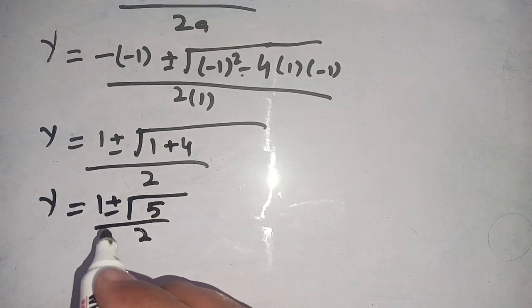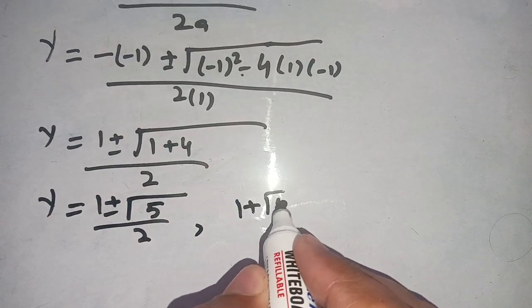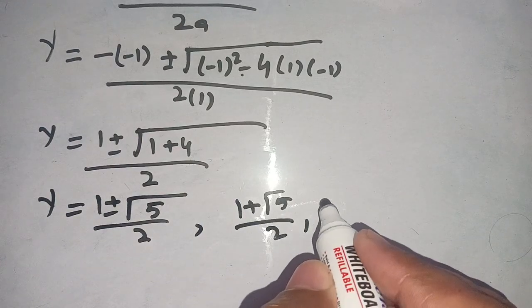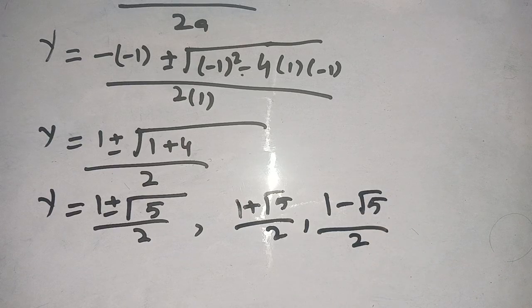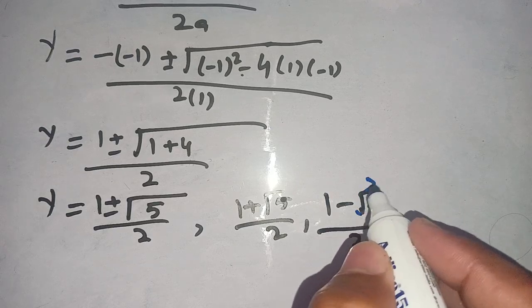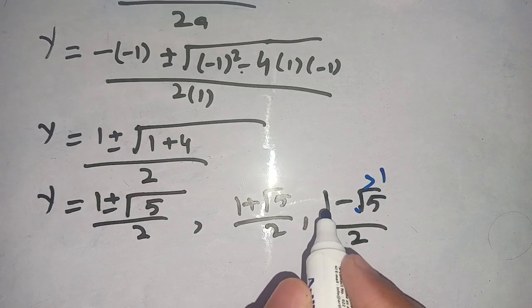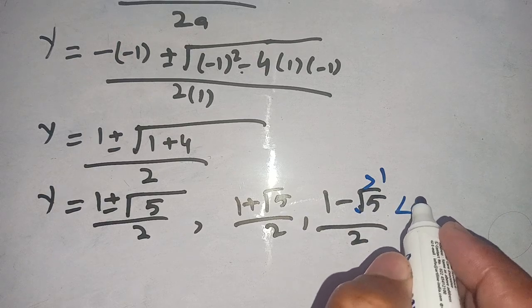Now it gives the two values. The first value is (1 + √5) / 2 and the second value is (1 - √5) / 2. In this case, √5 is greater than 1, so 1 - √5 is always less than 0.